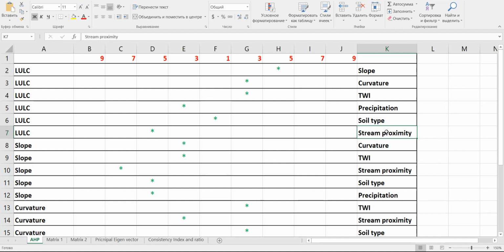My stream proximity covers approximately 20-25% of my total study area. Meanwhile, land use land cover covers 100%.